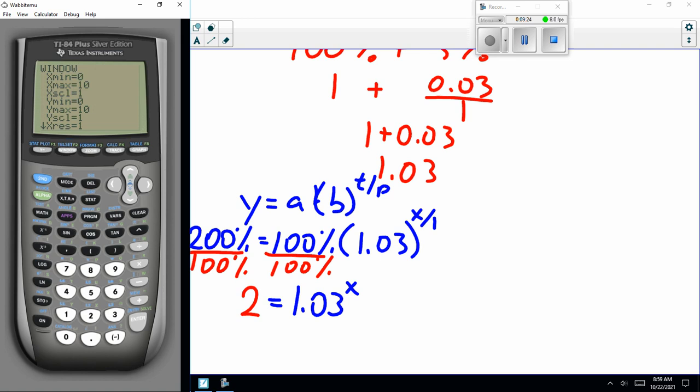So window 25. I'm going to make it a little shorter because I'm only going to 2 for y. And there we go. Yes, we have an intersection point. Second, calculate, number 5, intersect. Yes, yes, yes. 23.4.